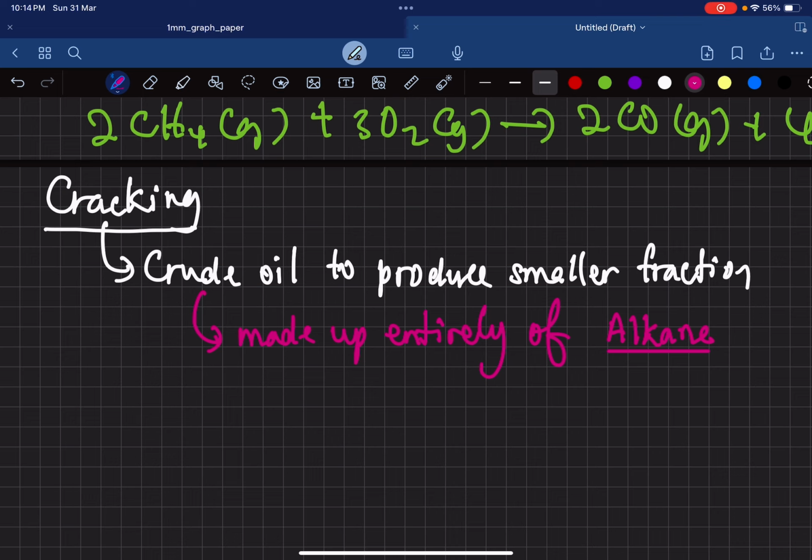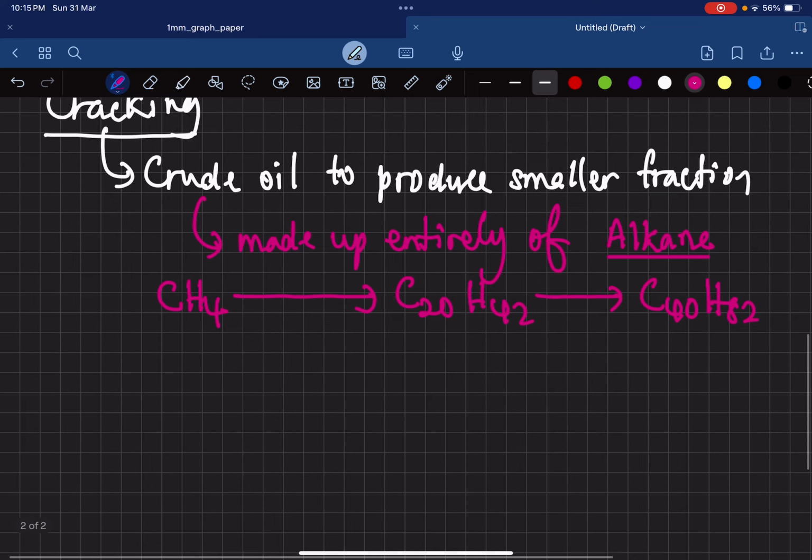The alkanes can be as simple as containing only one carbon, and then it can go all the way up to maybe 20 carbons, maybe even up to 40 carbons, let's say. So the crude oil is actually made up of all of these fractions.